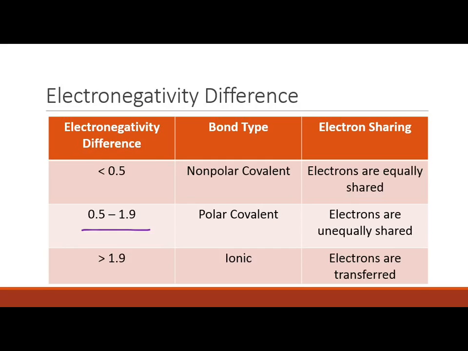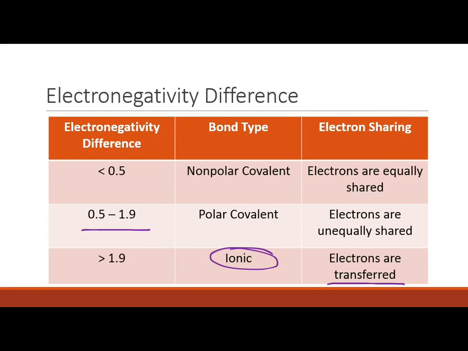And then the last type of bond would be if the difference is greater than 1.9. In that case, the difference is so large that in this tug of war, one atom actually rips away the electron from the other, in which case it's not even a sharing anymore, it's actually a transfer of electrons. And remember that a transfer of electrons is defined as an ionic bond.